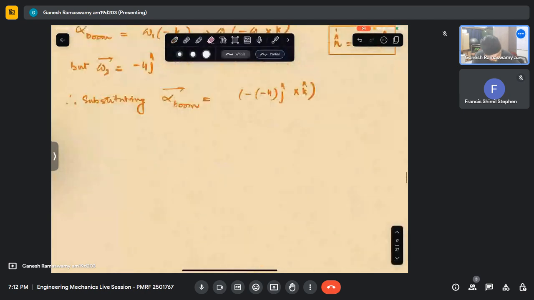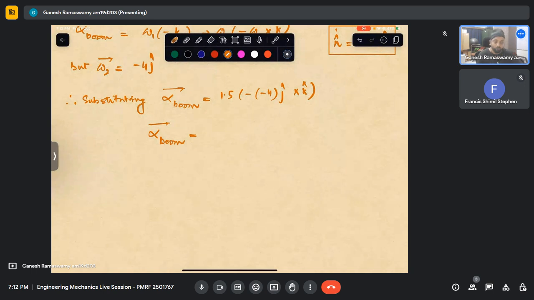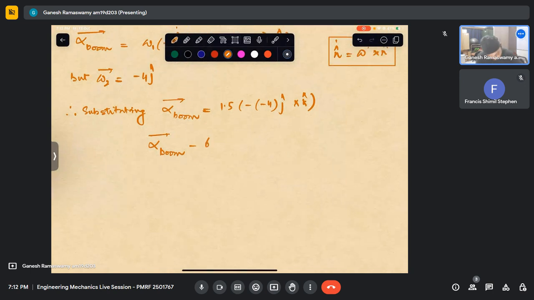So what is this? 1.5 into 4. So this is 6. This is 6 and then i j k. This is j cross k, which is i. So alpha comes out to be positive. I hope that that is clear.